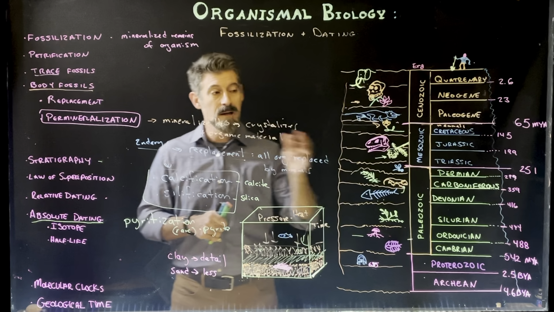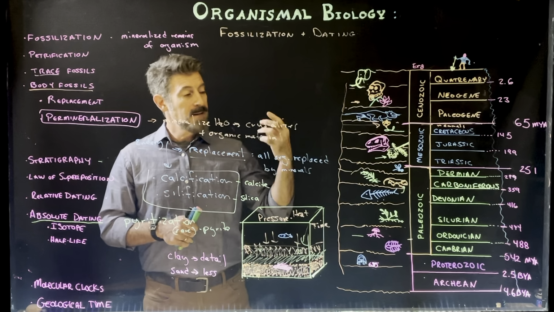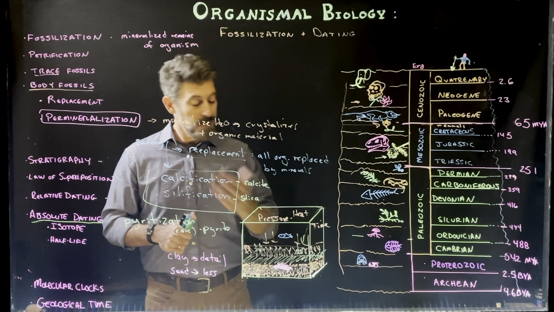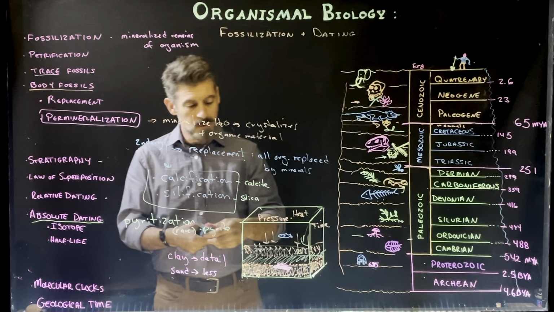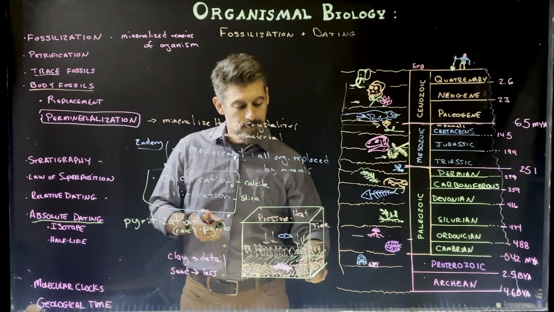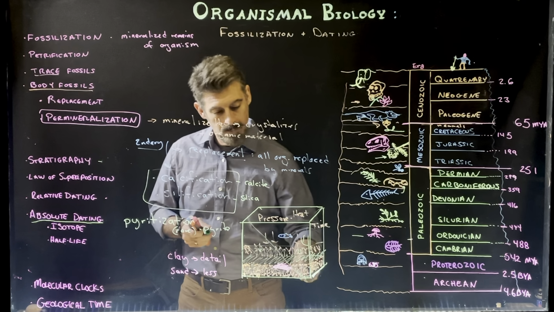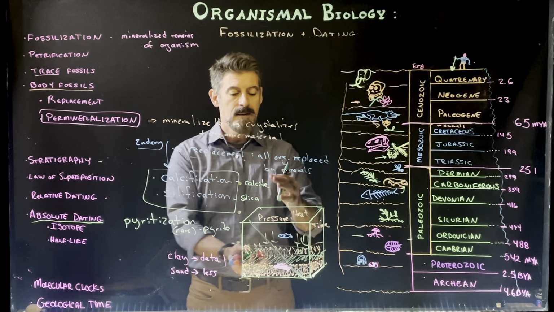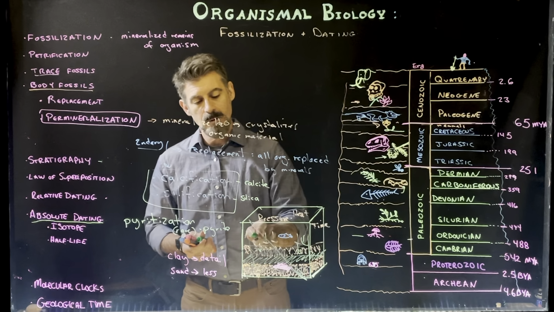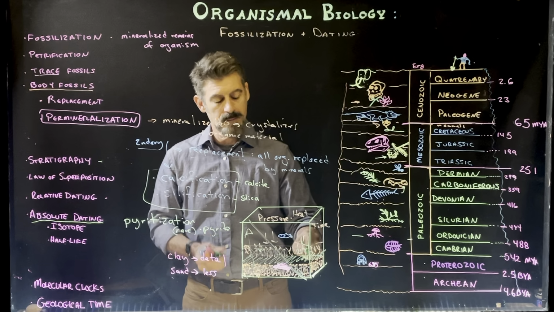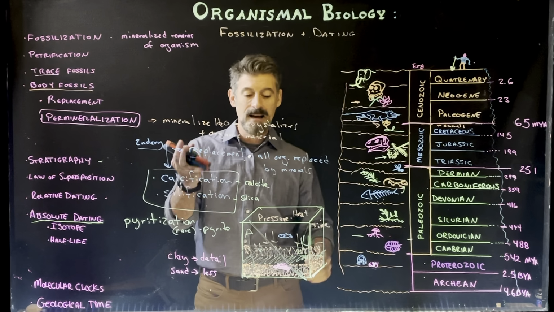So the next question is, we end up finding a fossil. How do we find a fossil? Because it's buried. Well, again, this is a whole geology thing, but there are shifts in the Earth's crust. Some layers move upward, other layers get pulled downward, and they slide across one another.